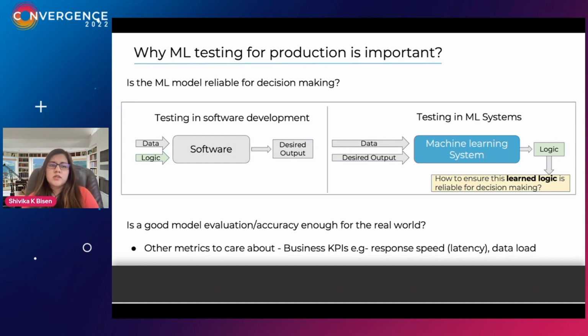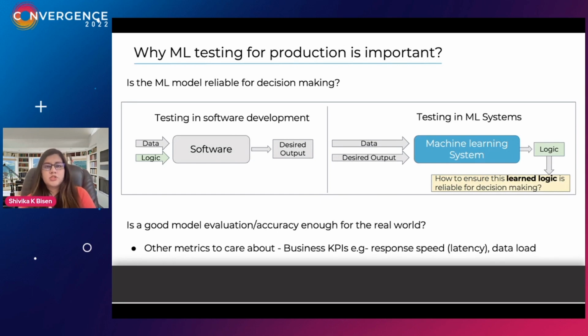When you see a software development system, on the left side you usually have data and then you have logic, and that gives you a desired output. And in software testing, you usually test whether this desired output was good or not.